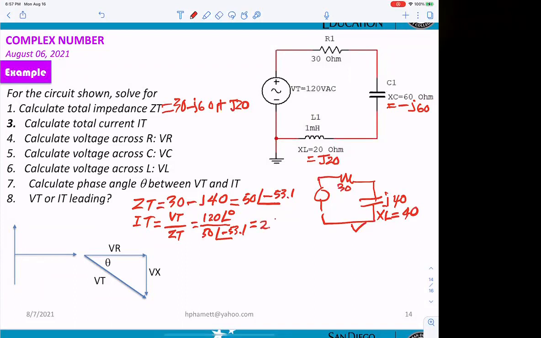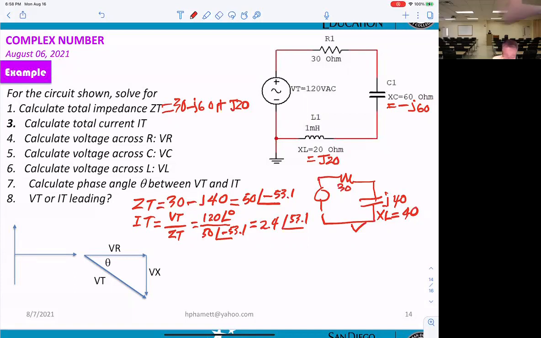Right, 2.4. So between VT and IT, which one is leading?